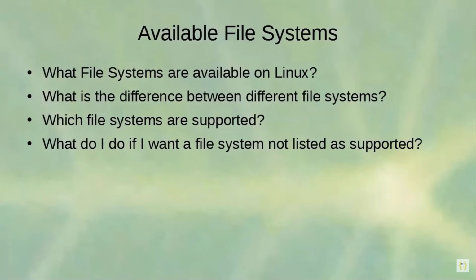Some of these things require a kernel module to be loaded. Sometimes you have to do other things, but that usually provides the utilities you need in order to format the file system. So what is the difference between different file systems? Well, some file systems have features that other ones don't.